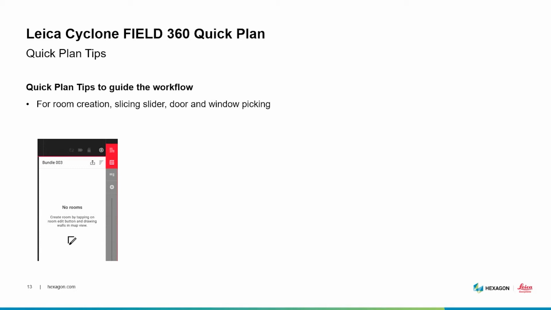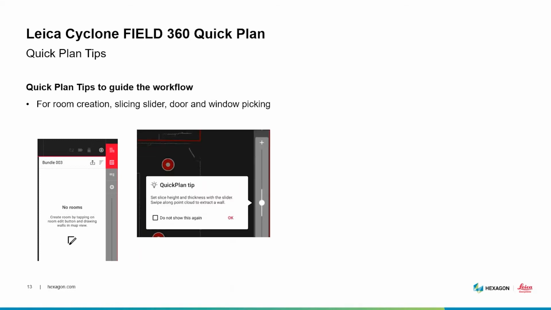If you go into the app for the first time and there's no created information, you click on the room browser, you'll see a little text box pop up which helps you to know which buttons to press to create the first room. Similarly, if you're about to create the first room, a little tooltip then appears with the slider bar to show you the position and the thickness, a bit like what we have in Register 360 as a true slicer, which is a helpful tool.